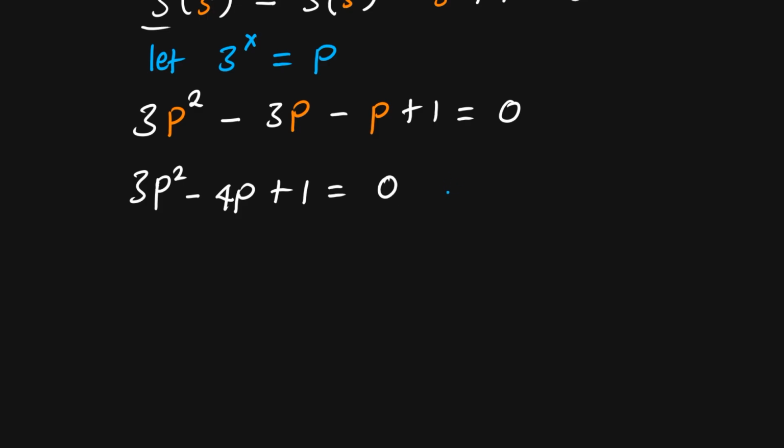But this is of the form ax squared plus bx plus c equals 0. It is a degree 2 equation, a quadratic equation. Let's use the quadratic formula to obtain the values of p.